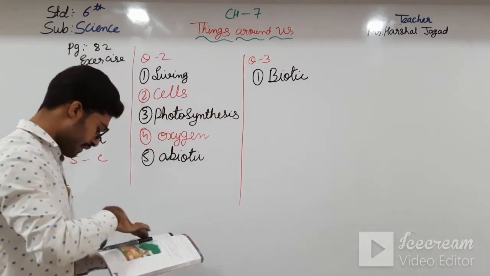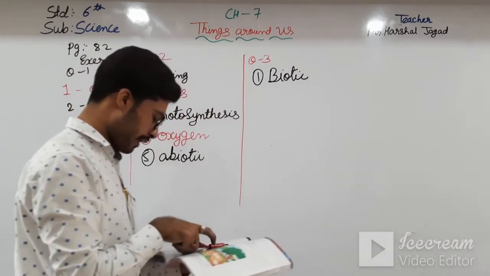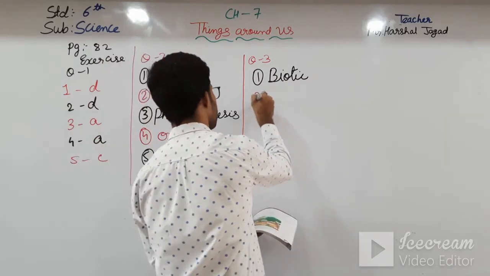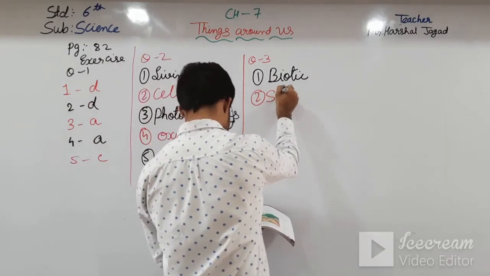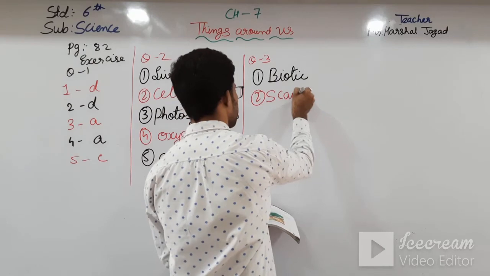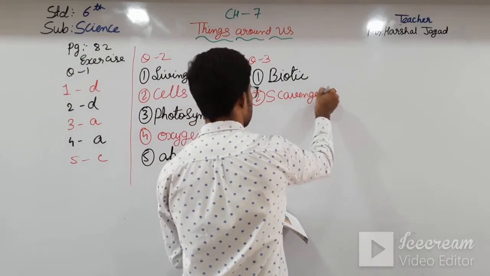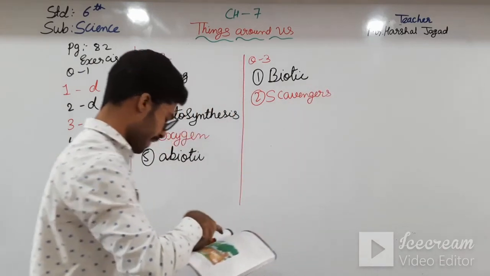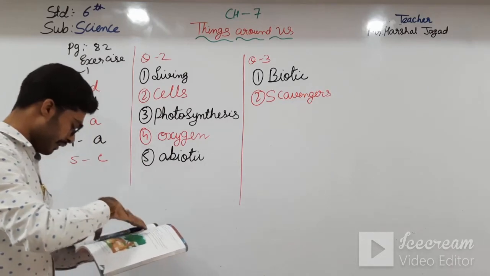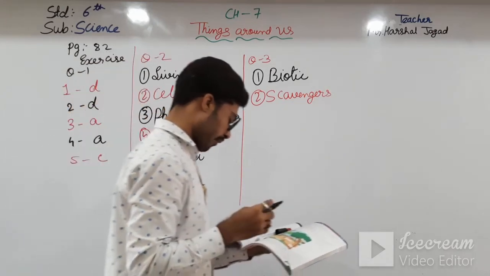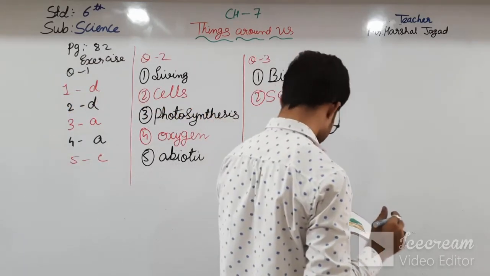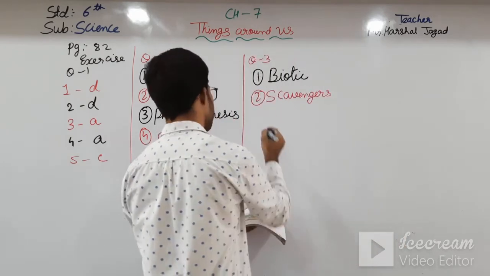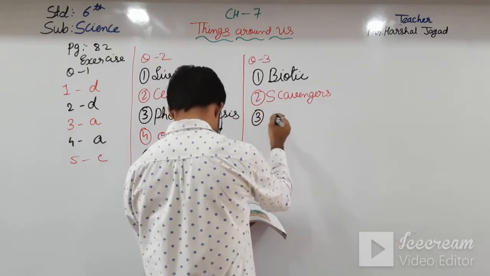Second one, animals that feed on dead bodies of other animals that are known as scavengers. Third one, a change in the immediate environment of an organism which produces a reaction or response by the organism that is known as stimulus.